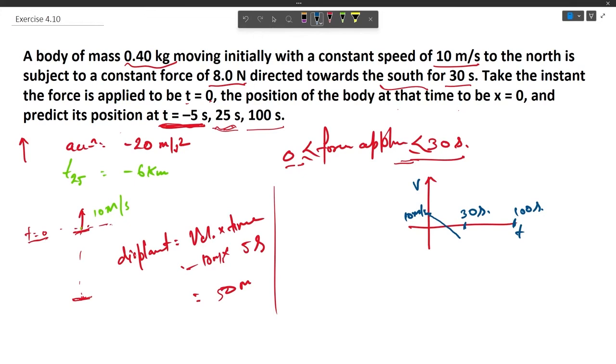Mind that this graph is not to scale. And after that, with some constant velocity, since the application of force is removed after 30 seconds, it can go with a constant velocity. Now we can say that the area of the v-t graph will give the displacement.